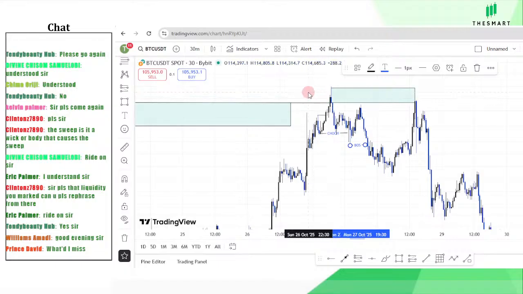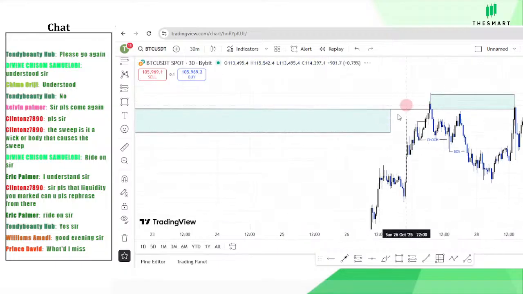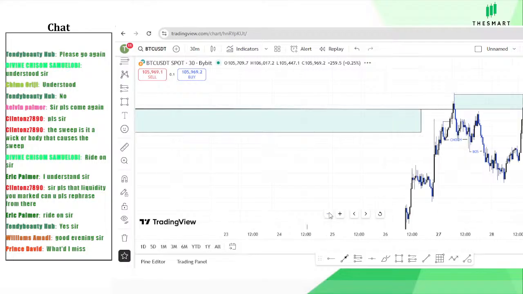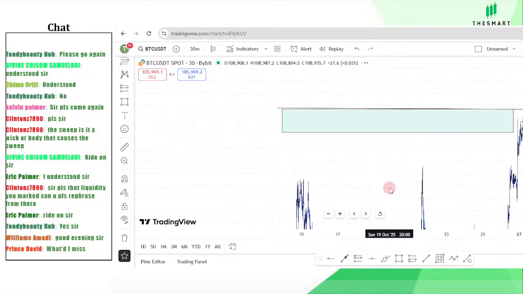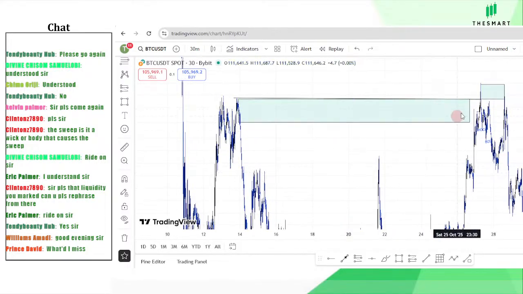Now, for people taking these early sells, people that are taking sells at this particular supply, price will have taken all of their stop losses out. It doesn't mean their analysis wasn't right. But the market makers just decided to pull them out before continuing in their own desired direction.